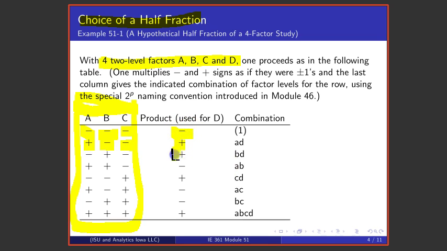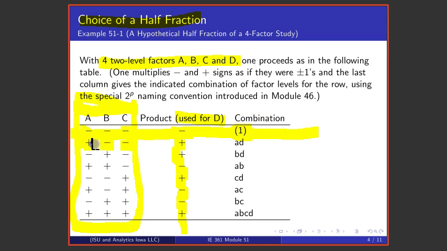That is, I make this column up as a product of the first 3 columns, and I use it to specify the level of the last factor, the 4th factor, factor D. And so if I read across, for example, this first row, I see that A is low, B is low, C is low, and D is low. That's combination 1 of a 2 to the 4th factorial.